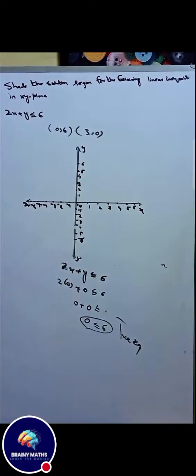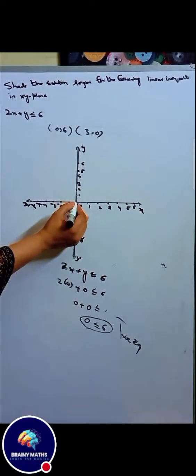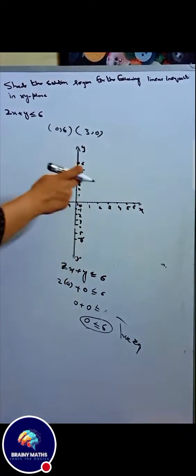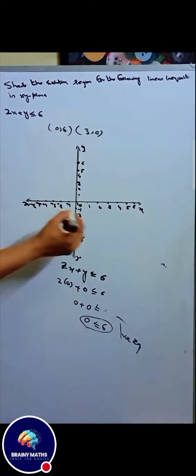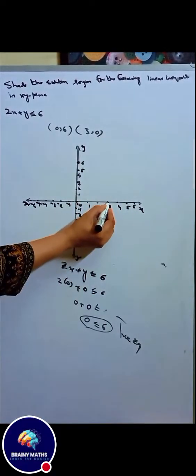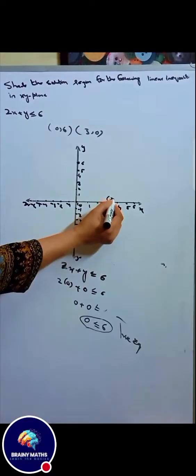Alright. Now you can represent these ordered pairs first. First is x is 0, y is 6. This must be here. Next, x is 3, y is 0. So it must be like here, the point (3, 0).